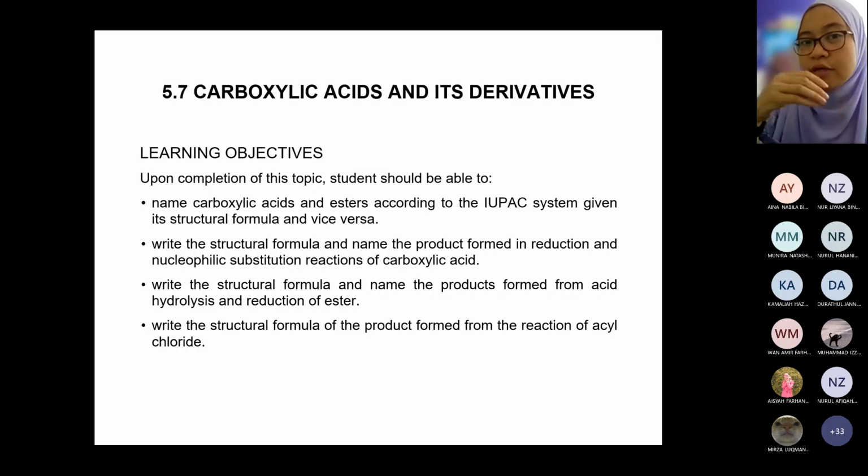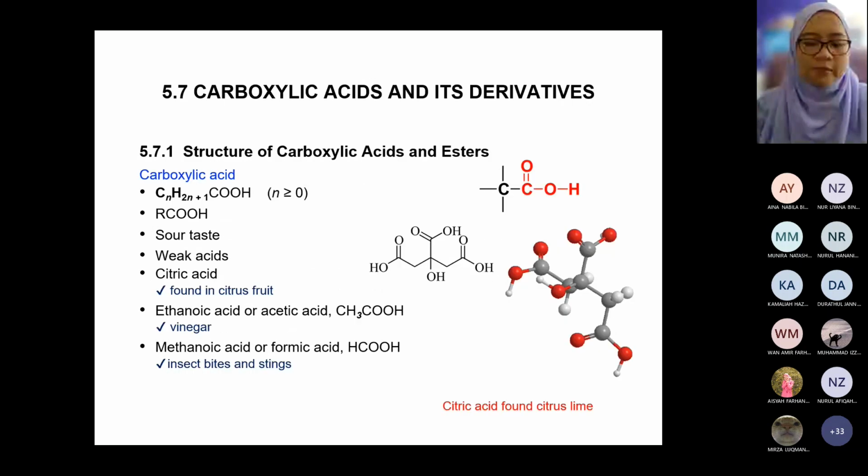Carboxylic acid reacts with alcohol to produce ester. Okay, so rasanya you dah belajar kot masa SPM. Tak tahulah kot dia dah keluarkan daripada syllabus kan. So you are quite familiar with the subject matter. Hopefully lah.